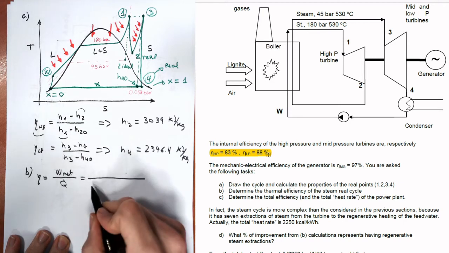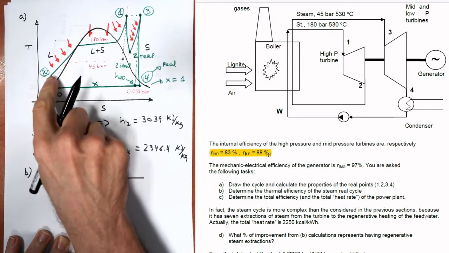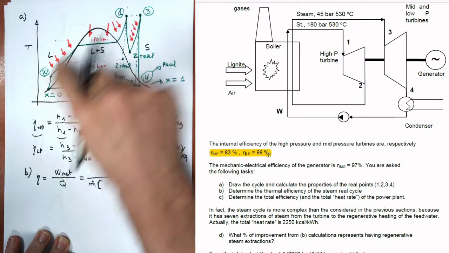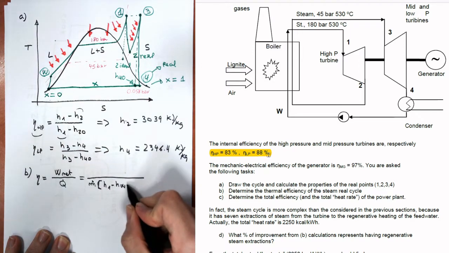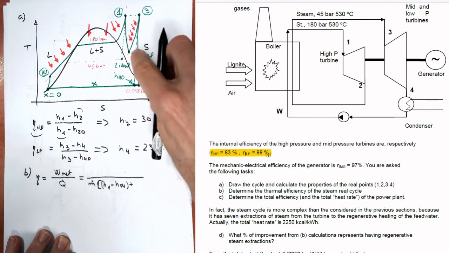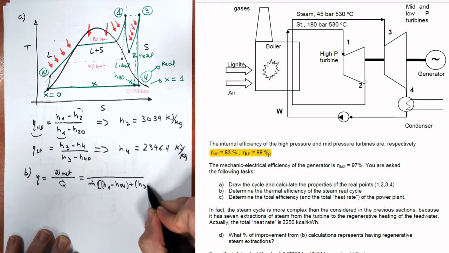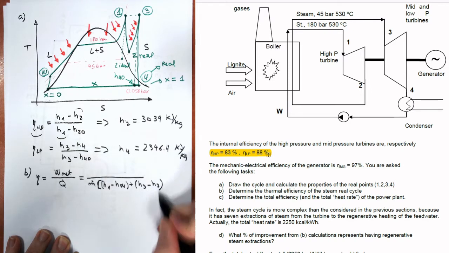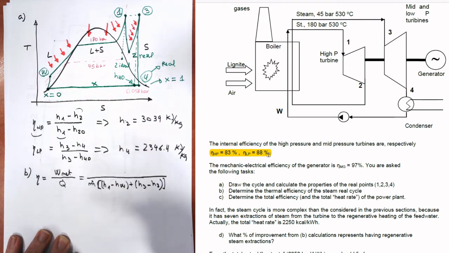So the heat added will be the mass flow of the steam multiplied by, first, the difference of enthalpy from 1 to W, H1 minus HW, plus the heat added here from 2 to 3, H3 minus H2. What is the work that we obtain?